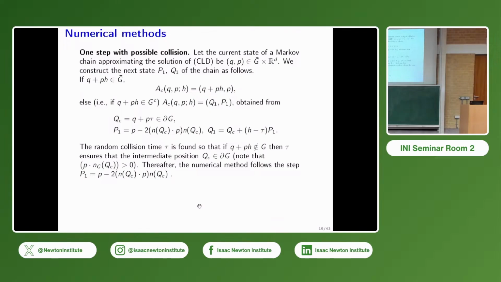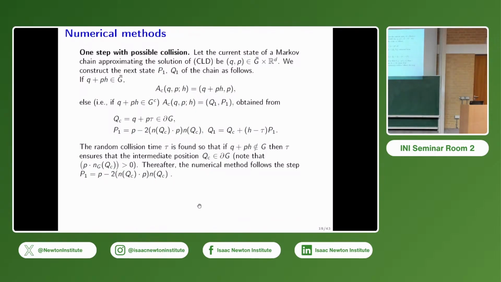So we assume that our current state is this Q, P small, and we want to find the next step, what happens after that, before a possible collision. And we do this trial. So we have our position, we have our momenta, and we propagate Q over time step H accordingly.